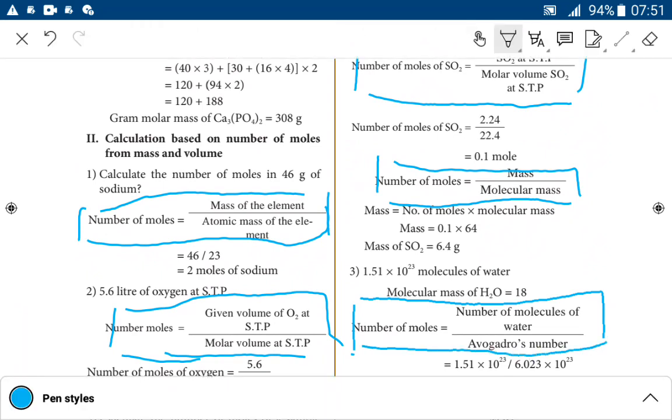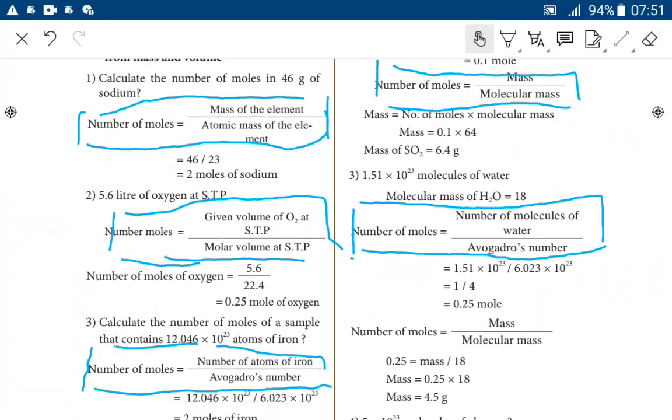That is, number of moles is equal to number of molecules by Avogadro number. So the number of molecules of water is 1.51 into 10 power 23 and the Avogadro number is 6.023 into 10 power 23, and you can cancel the 10 power 23 with 10 power 23, and 1.1 by 6 can be cancelled.